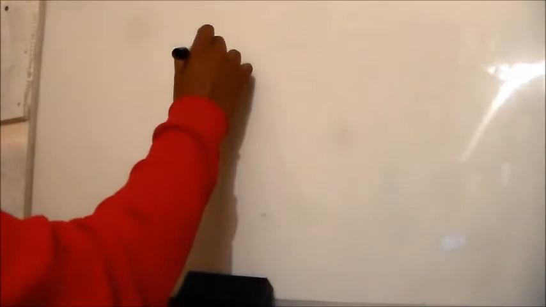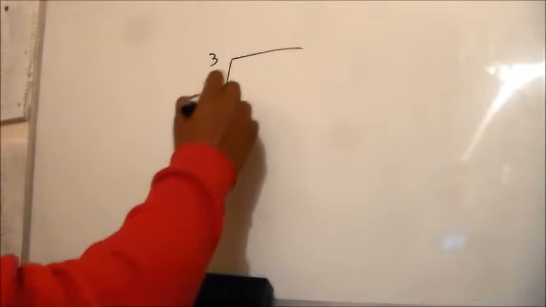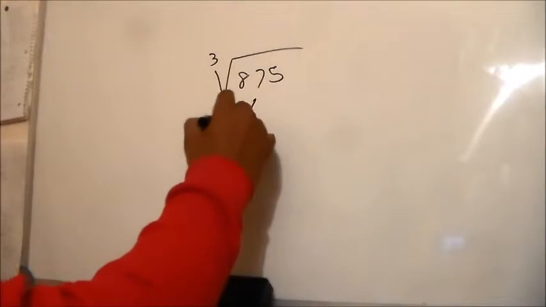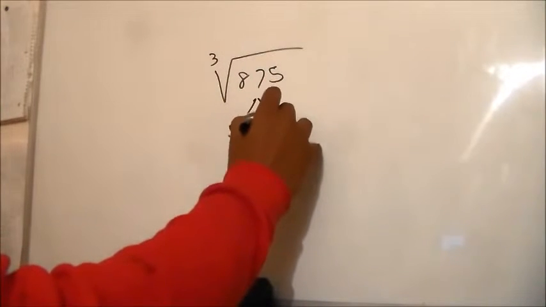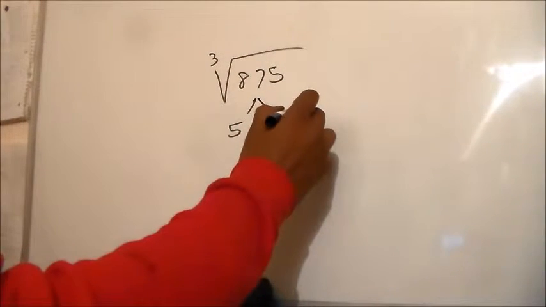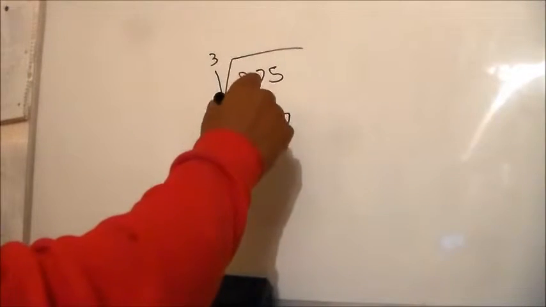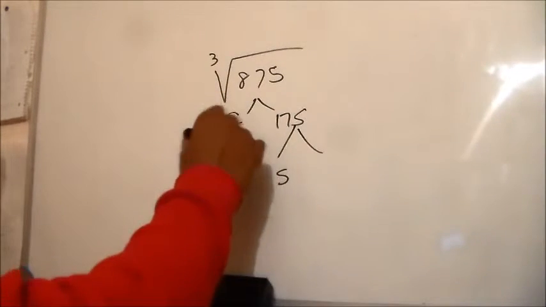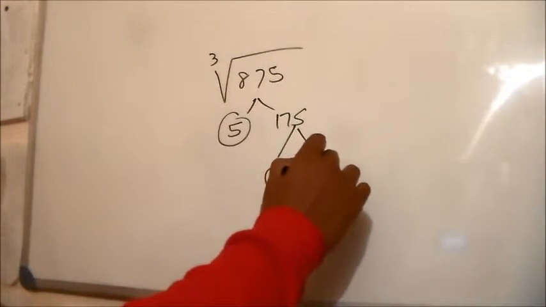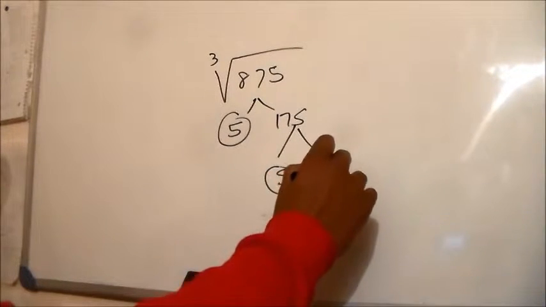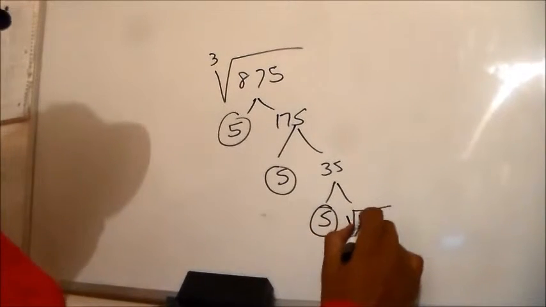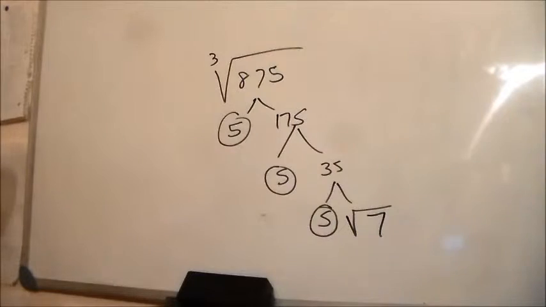Let's say we have the cube root of 875. I know 5 is going to work with this, so 5 is one factor, and 875 divided by 5 is 175. 5 into 175 is 35. So we have 2 continuous factors of 5, and then we factor again: 5 into 35 is 7. The third 5 gives us 5 cube root 7.